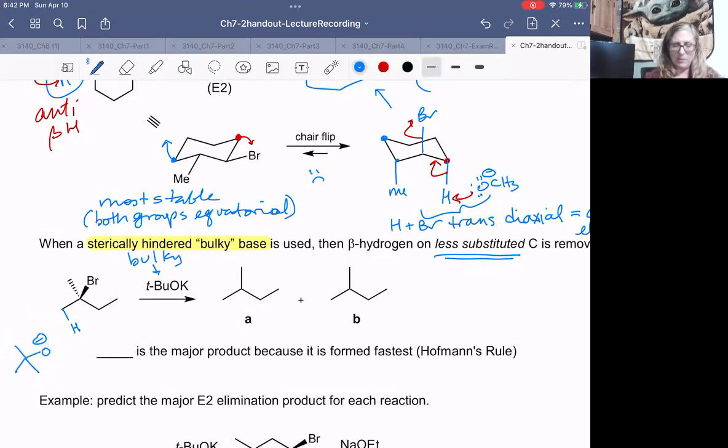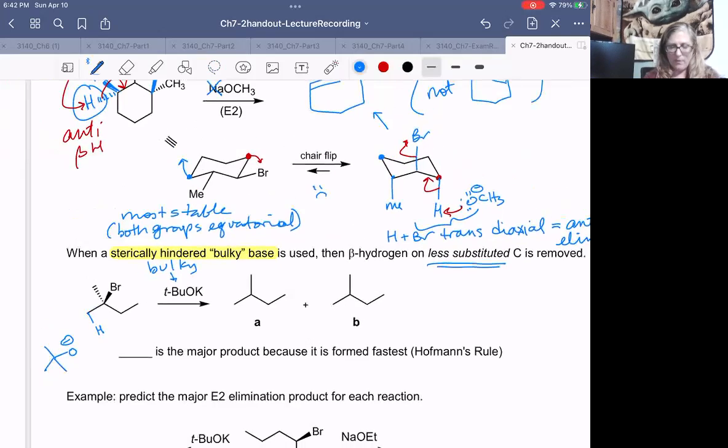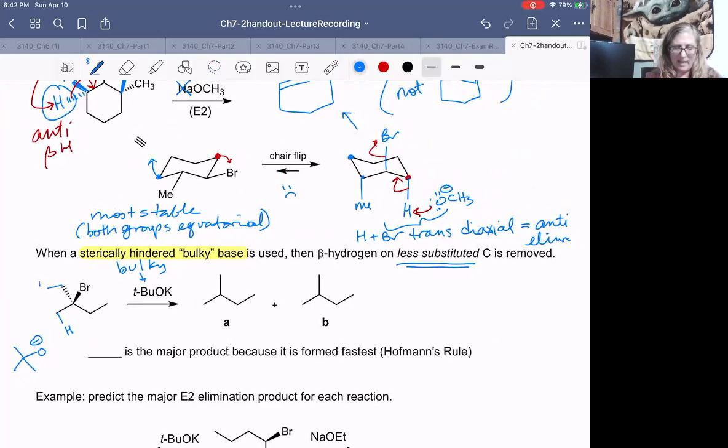We could attack at this proton, which actually would be the same thing as this proton. These are equivalent. So whether I did either of these methyl groups would lead to the same product, but that's different from this proton. So both of the ones on the left would give me product A, and the one on the right would give me product B.